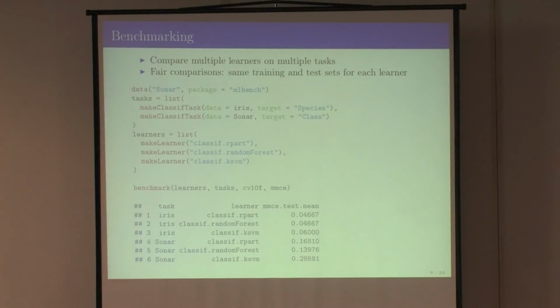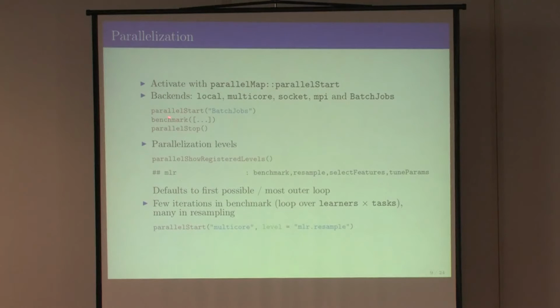It depends on runtime behavior of the algorithm, and it depends on sizes of data sets and settings, and we don't know. I mean, how should we know how big your data set is, or whether you use holdout or cross-validation? I don't know. So you just select the right level, because it's a pretty easy choice if you know how your experiment looks. And you just tell the system. So you do parallel start, you tell the system the backend that you're using, maybe MPI or whatever, and you say, I want to parallelize resampling, or I want to parallelize this benchmark operation.